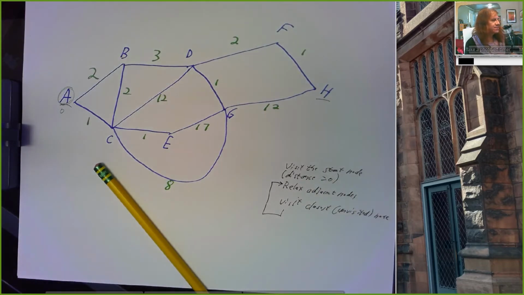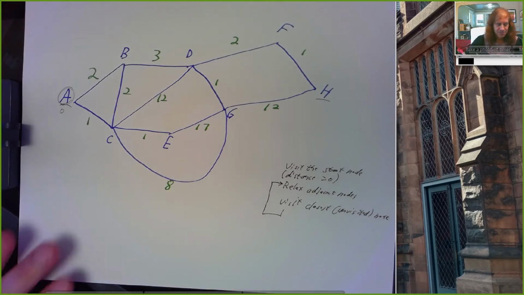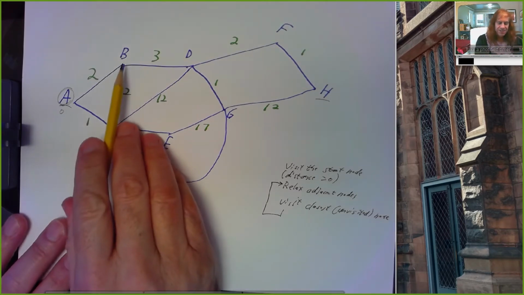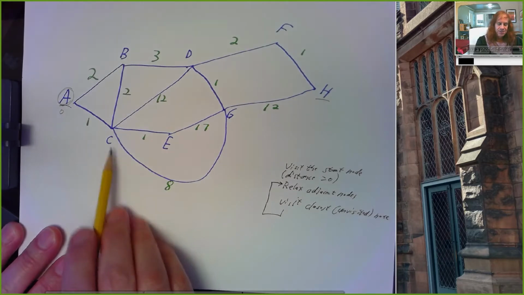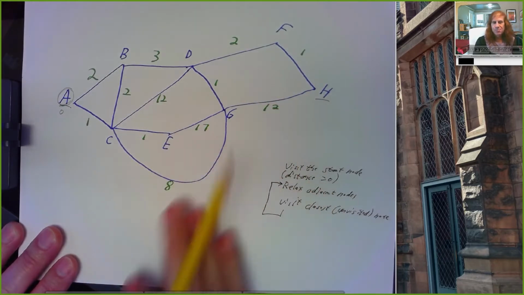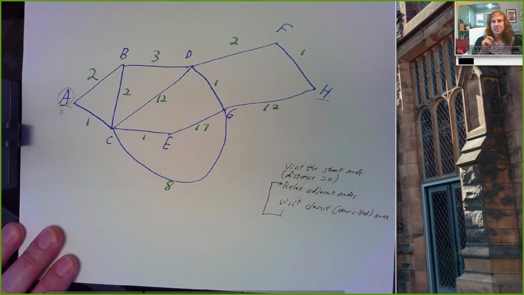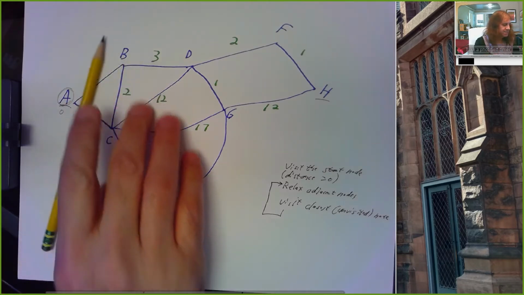And the basic setup is we're going to write a tentative distance next to each node, which says we know we can get here in at most this distance. We might be able to find a shorter path. But we're going to write down a tentative distance.